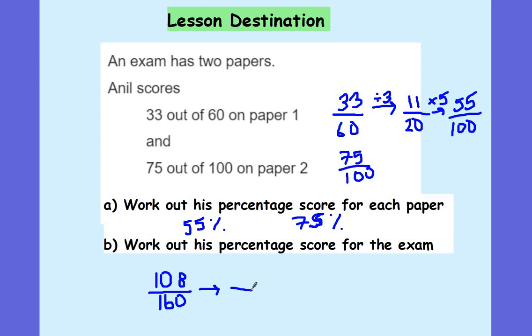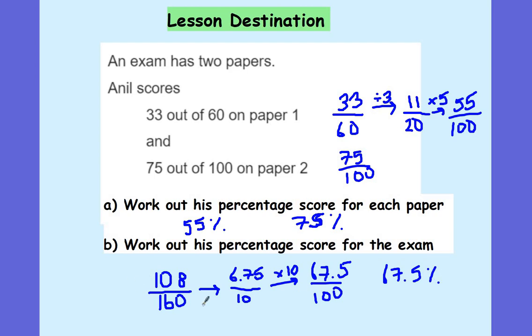If we divide 108 by 16, that'll give us something out of 10. So I've got 6.75 out of 10. I can then multiply top and bottom by 10, which will give me 67.5%.